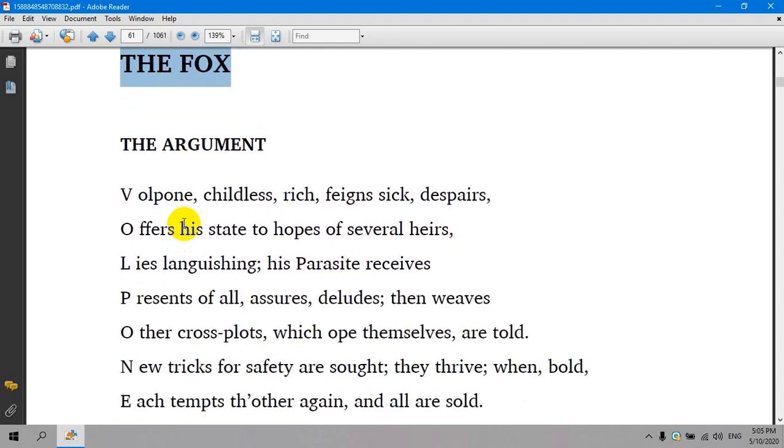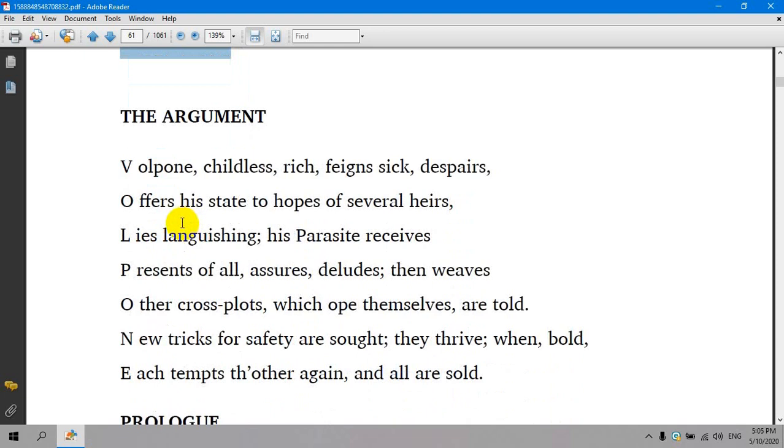The first thing we start with is the argument, and here you will find the most important things, the gist of this play. And if you see Volpone from here, the characters, how he is mastering his writing. So Volpone is the main figure of this play. He has no kids, he is very rich, and he is pretending to be sick. And because he is very rich and has no wife and no children, lots of people come in the hope of catching his inheritance.